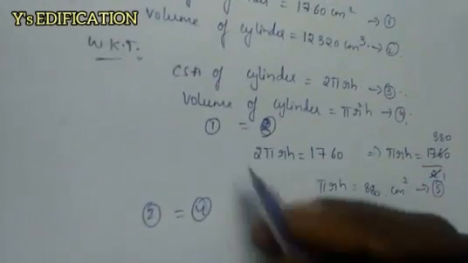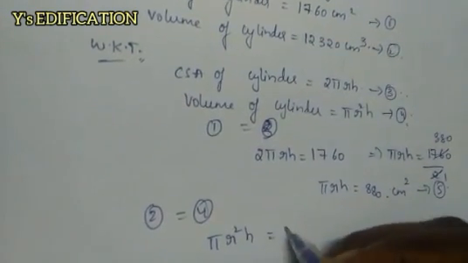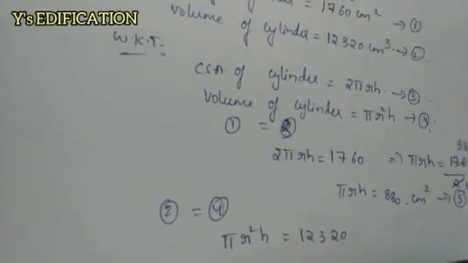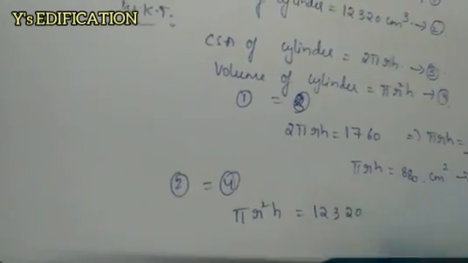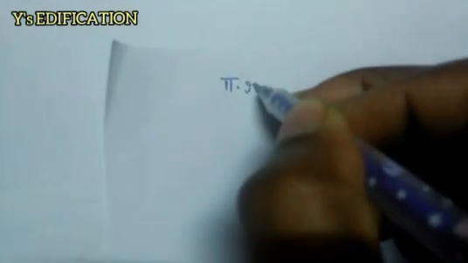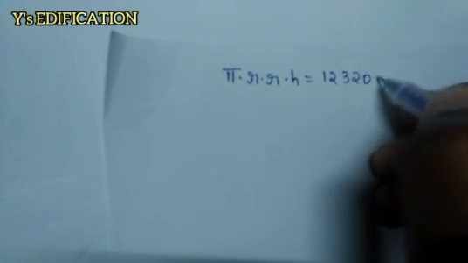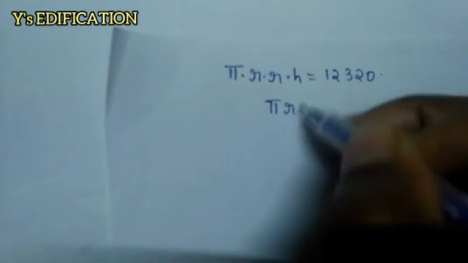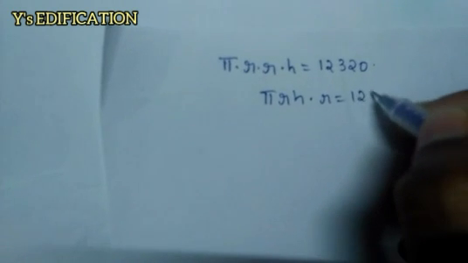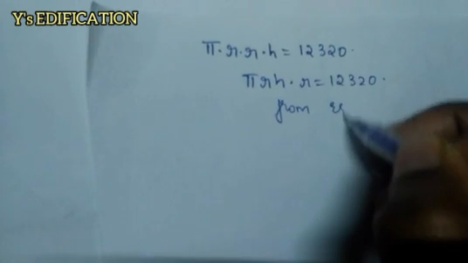What is equation 2? Pi r square h is equal to 12,320. These are the cylinder values. So we can write that pi r square h, that means pi r h into r, is equal to 12,320. Observe equation 5. What is equation 5?